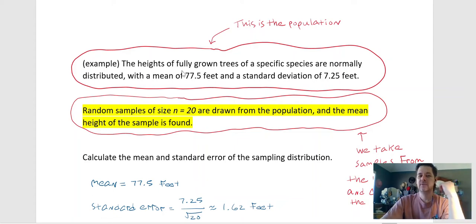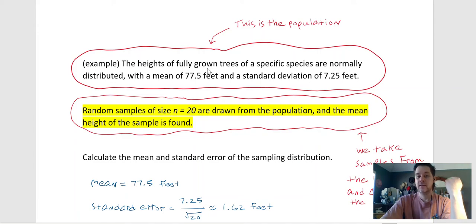It says the heights of fully grown trees of a specific species are normally distributed with a mean of 77.5 feet and a standard deviation of 7.25 feet. So what does it mean when it says that for the population, the heights of the trees are normally distributed? It gives us a way to do calculations.